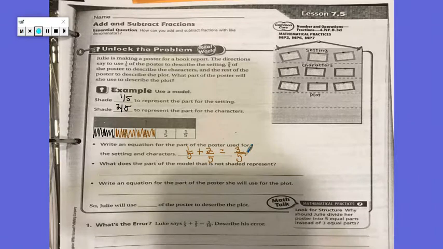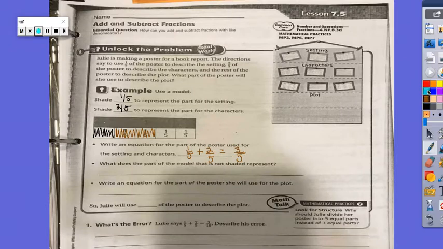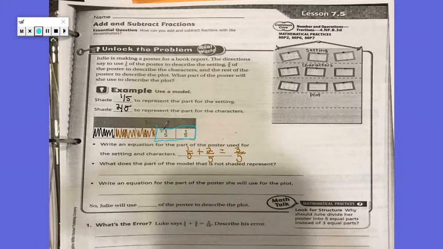What does the part of the model that is not shaded represent? The part right here represents the rest of the poster, or the part that she will use for the plot.